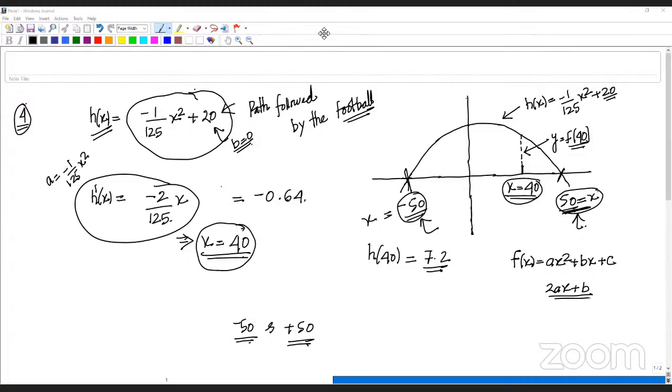Explain the vertex form of parabola. I didn't understand it in the lecture, sir. Which part is not clear? The derivation, sir, in terms of h and k.